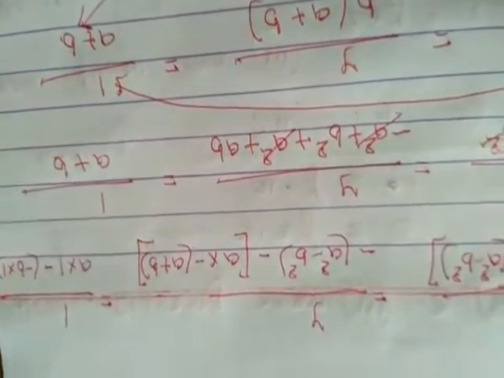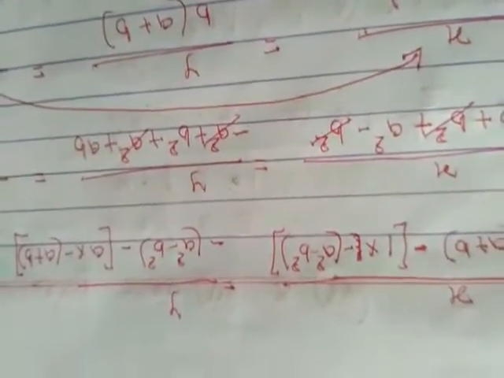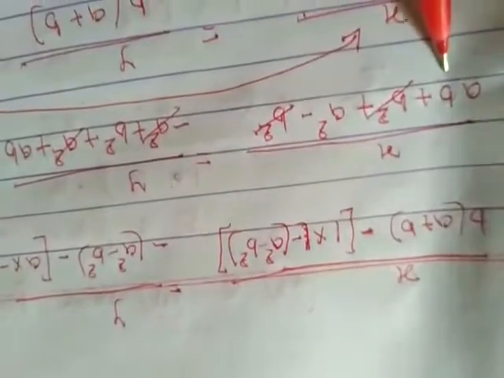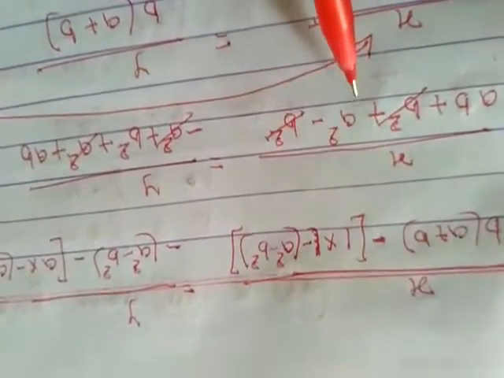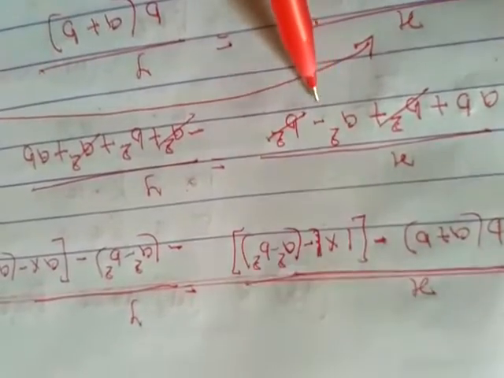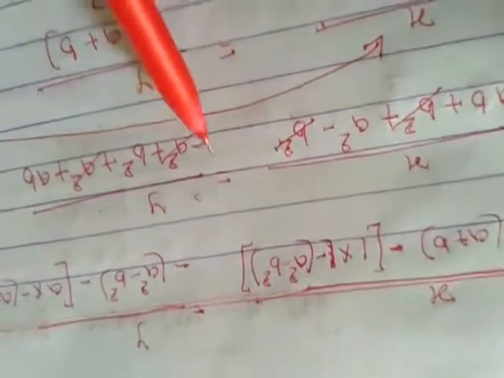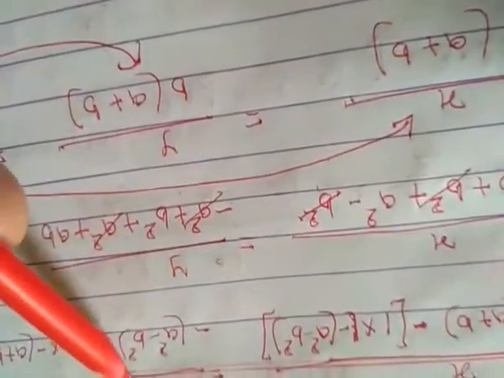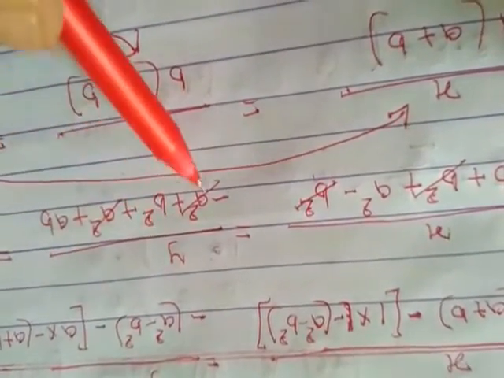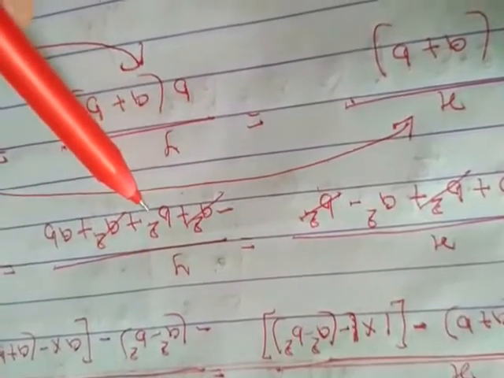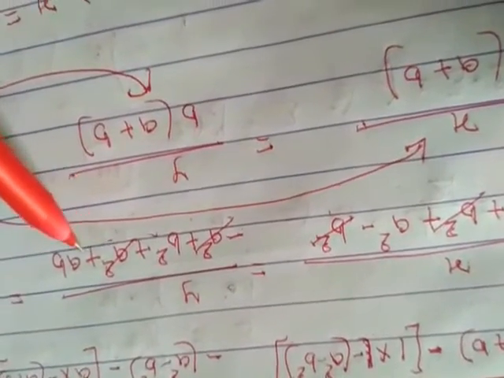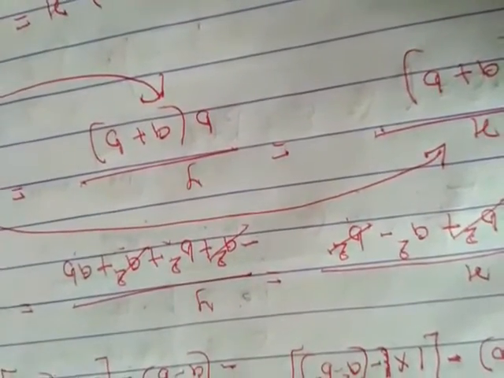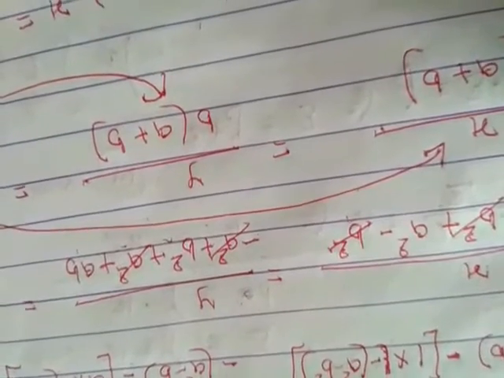On further solving this, x by ab plus b square minus minus will get plus a square minus b square equals, in y terms, y by minus a square plus b square minus minus will become plus, so a square plus ab equals 1 by a, and this minus minus will become plus, so we have a plus b.